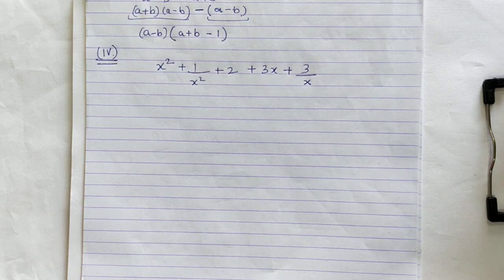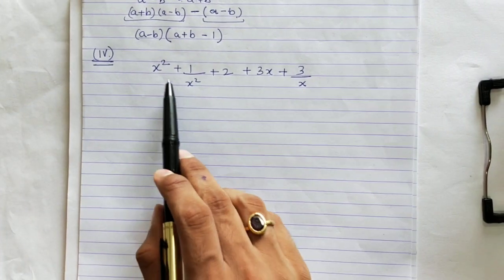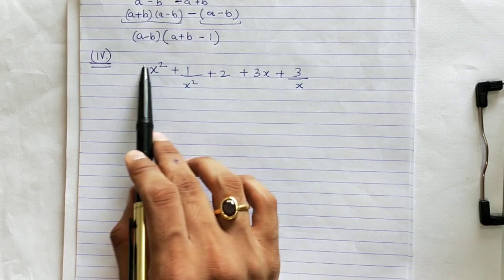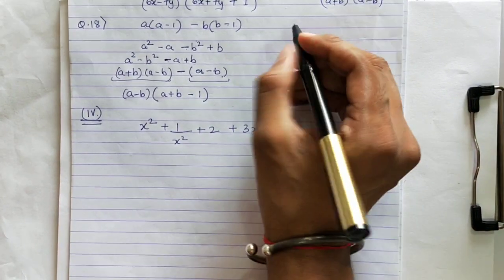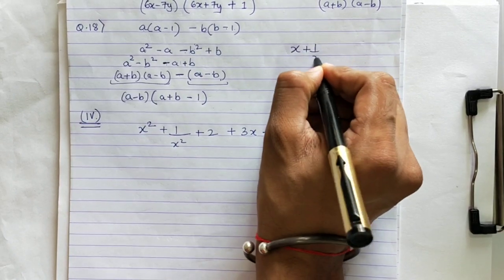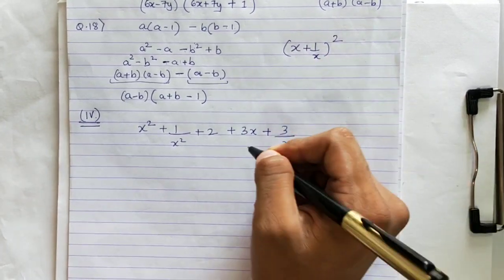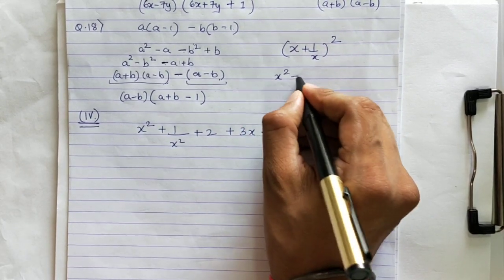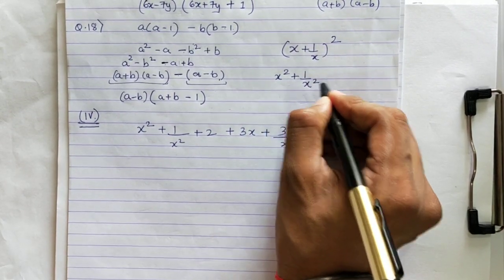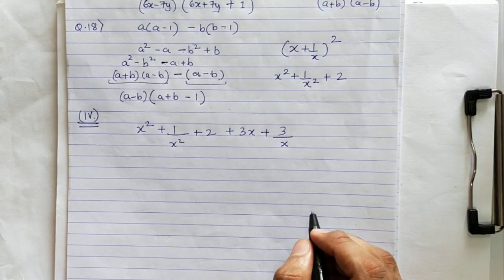If you remember the formula of expansion, if you observe this carefully, this is a formula of expansion. Which formula is this? X plus 1 upon x, the whole square. If you open this bracket, you get x square plus 1 upon x square plus 2.